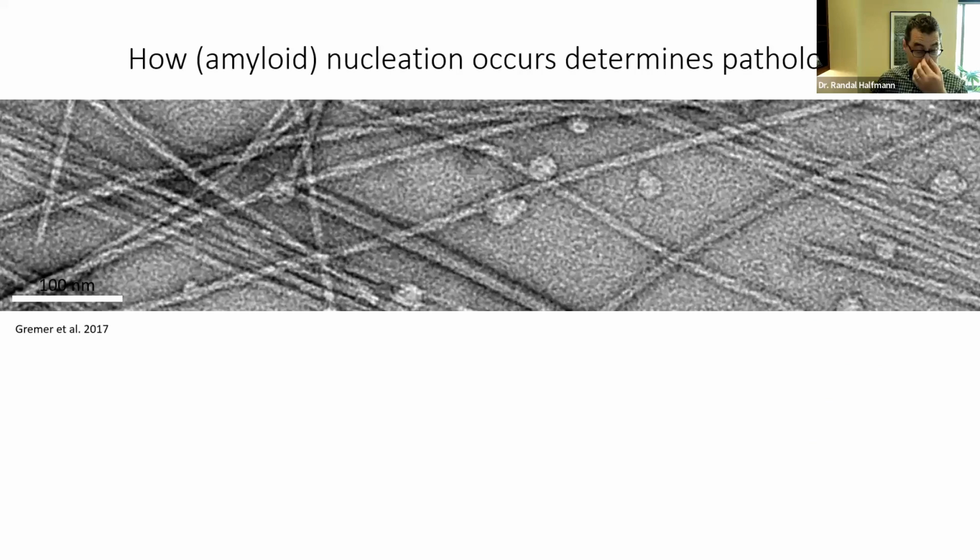And so just to illustrate why we care about this. One of the end states of these kinds of phase transitions is amyloid. And this is, of course, very closely associated with pathology. Over 30 human diseases are driven by amyloid formation, or at least associated with amyloid formation.